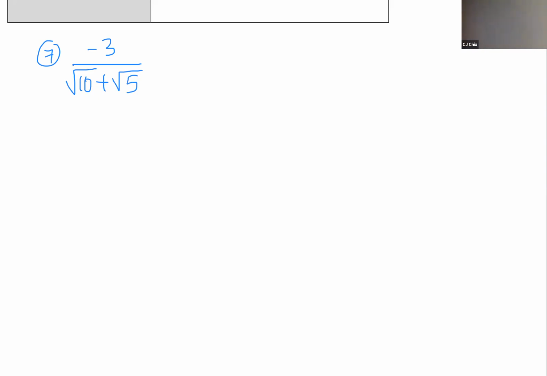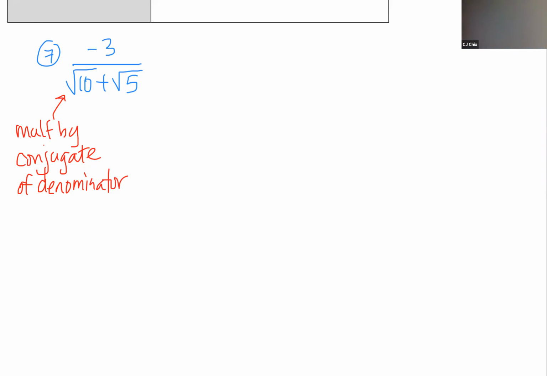So what you have to do again is to get the square root out of the denominator. And the only thing to do here is to multiply by the conjugate of the denominator. Okay.